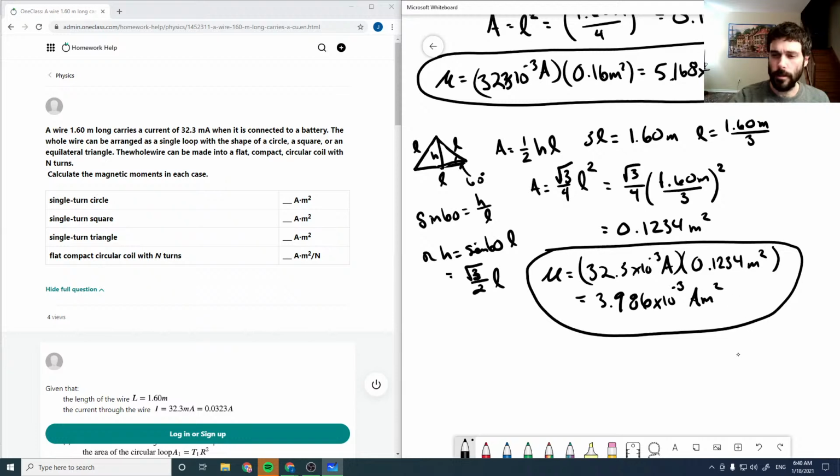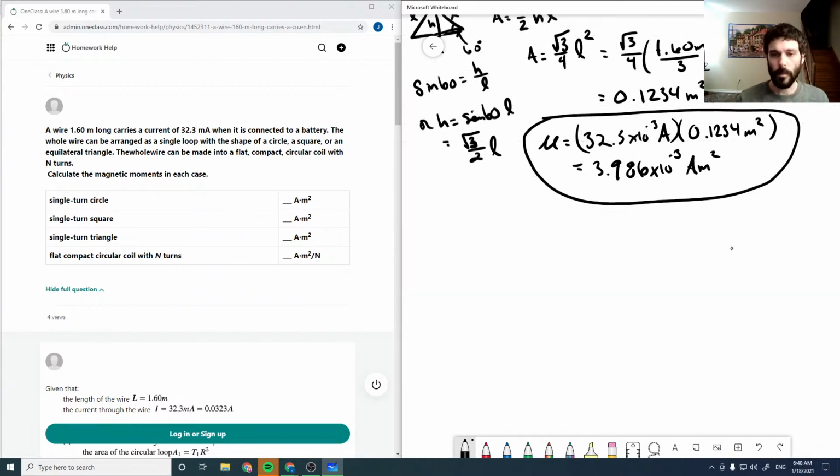And then for a circular loop with n turns, so we have a circle with multiple turns, our area is still going to be pi r squared, but our length now is the 1.60 meters, which is going to be n, our number of turns, times 2 pi r, where r is the radius of our circle.